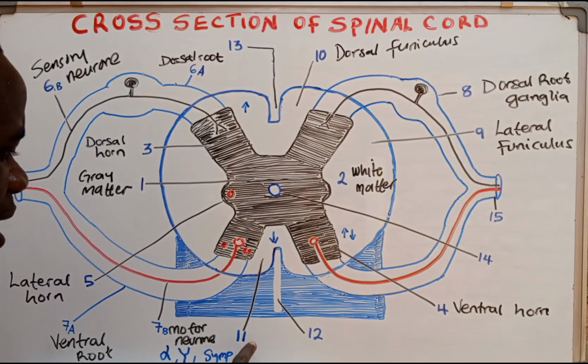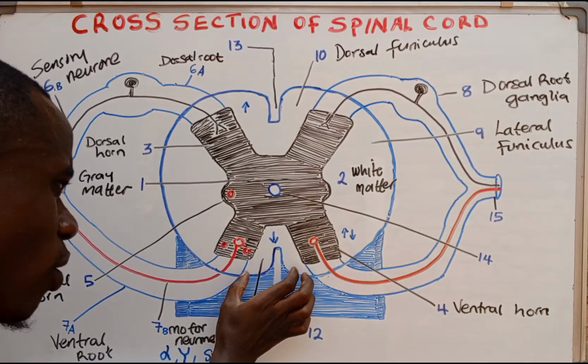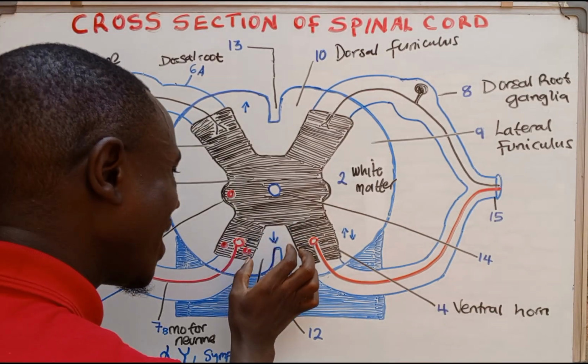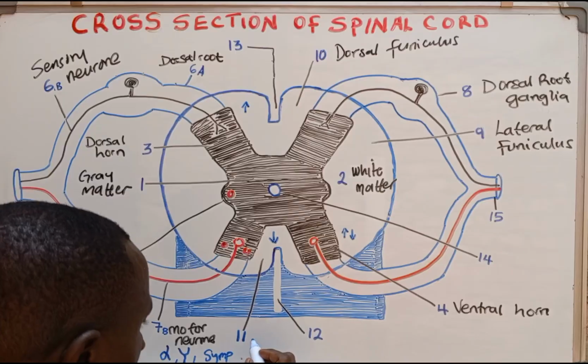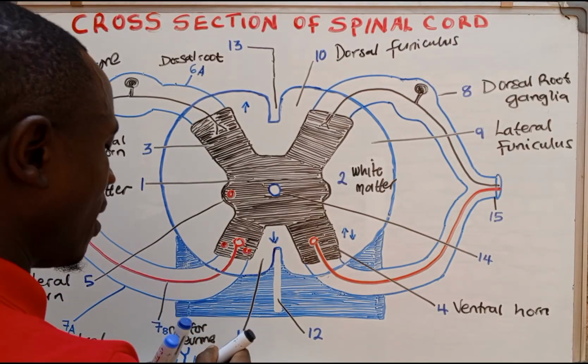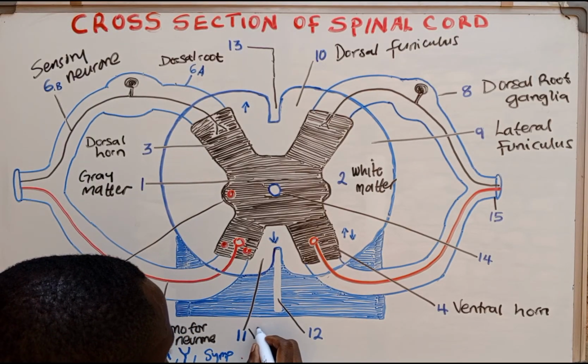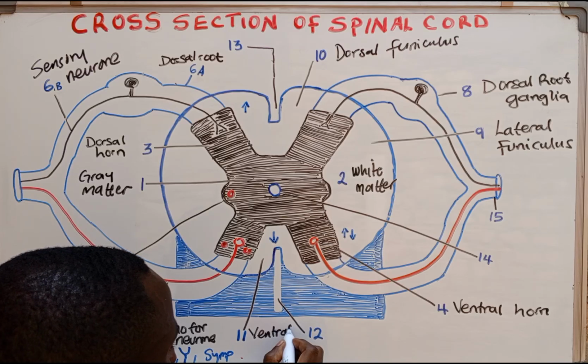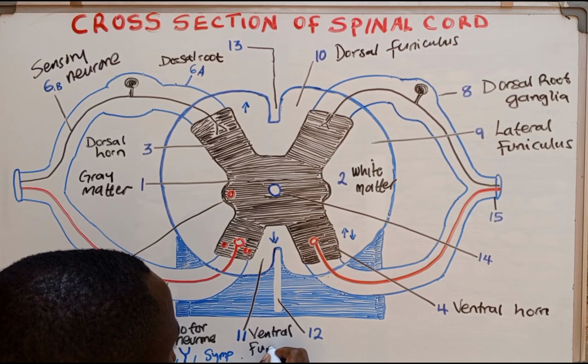That's number 10. Now coming to number 11, we again have these white columns here in the anterior part. These on the anterior part are called the ventral funiculars.